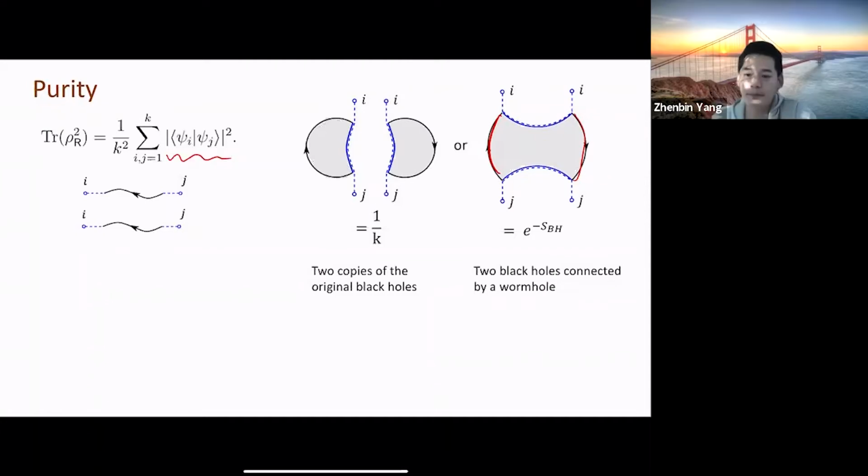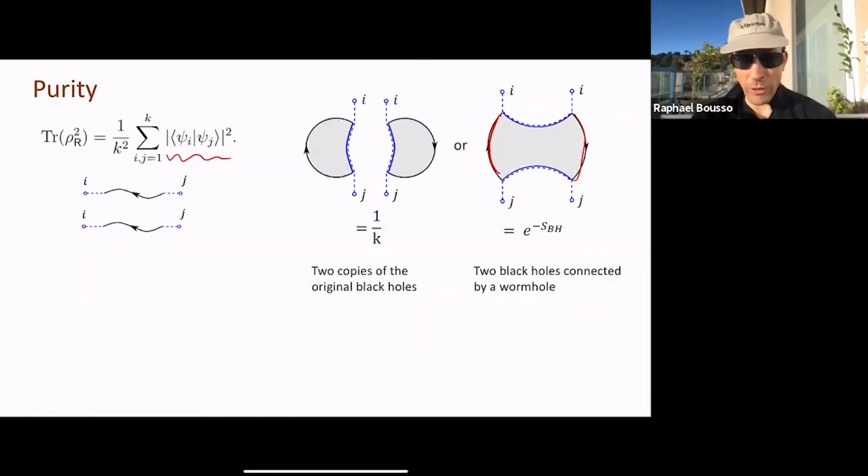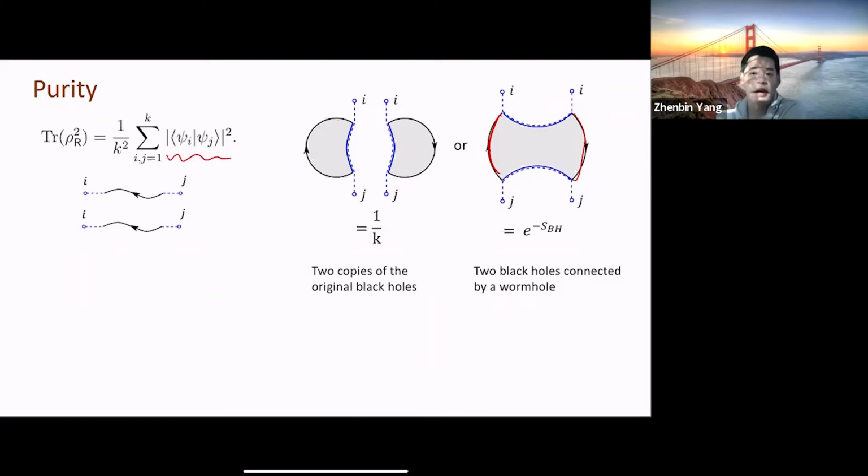While I think it's remarkable that we now have a gravitational path integral way of deriving what we think is the correct answer, I don't think that's the same as saying that we've resolved the problem, because we still don't understand why Hawking's method gives a different answer. That should not happen in a consistent theory. Yes, I will say we still don't know the answer to the factorization puzzle, and I will discuss it in the next slide.